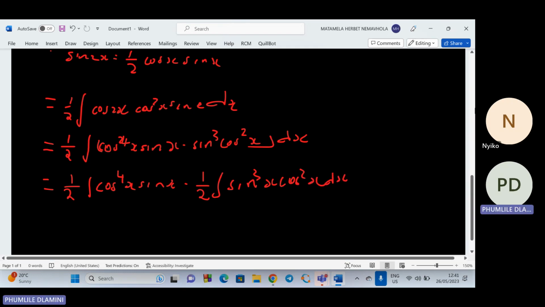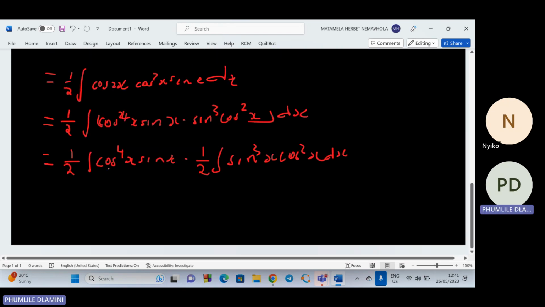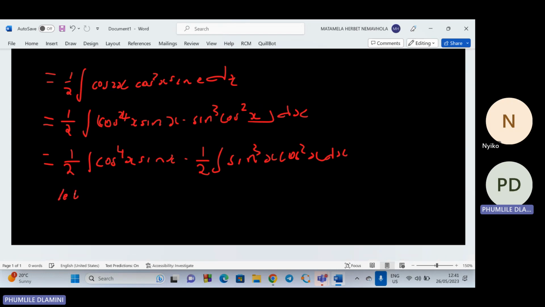And now the first part here, we can work it out by letting u equal cos x.